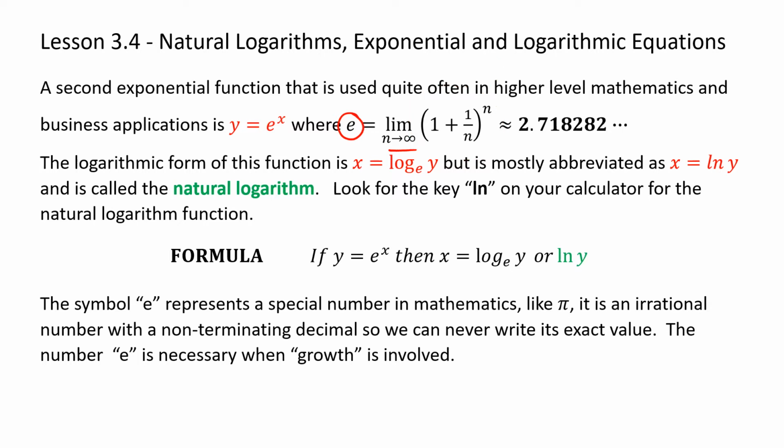What it comes out to is 2.718281828, and it keeps going. So it's just like pi, in that it's an irrational number with an unlimited number of decimal places.